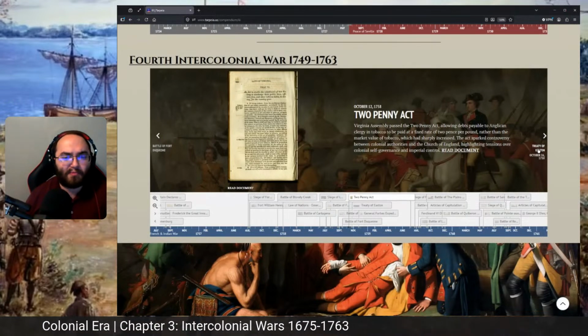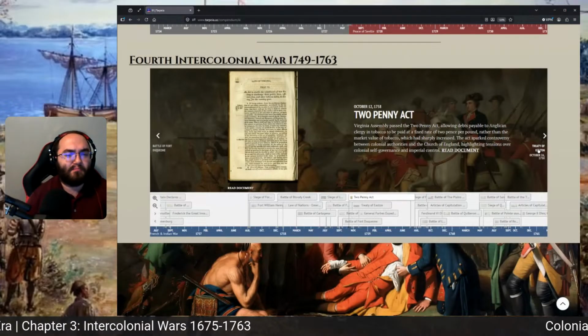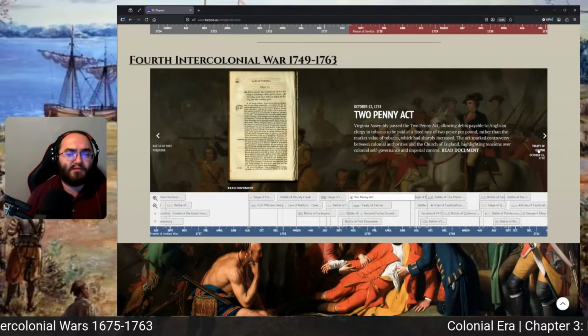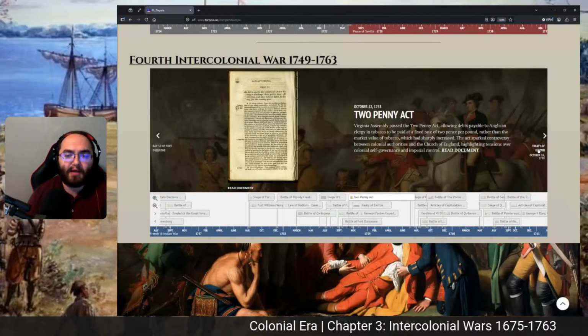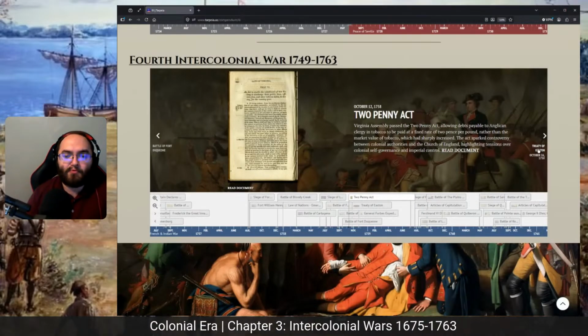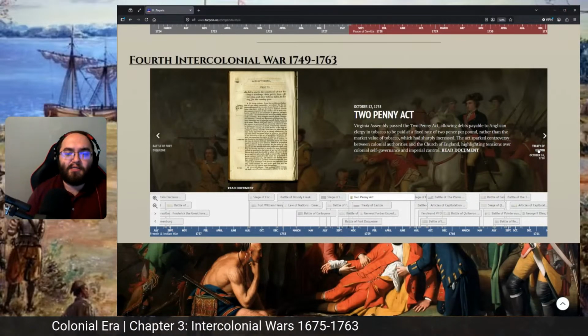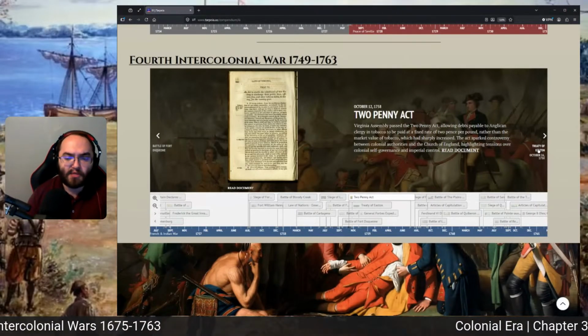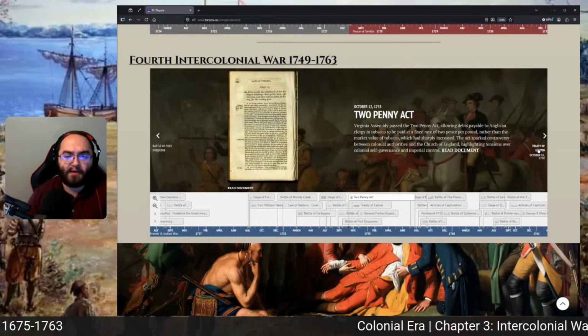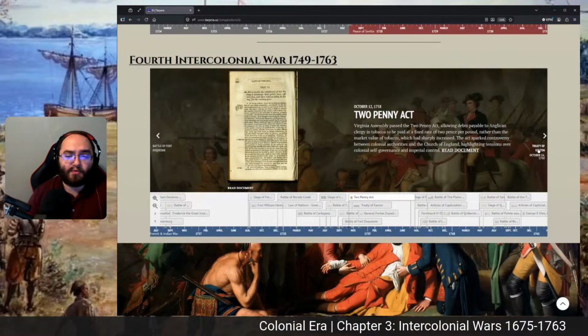And so this is one that pops up with the Parsons' Cause case, where the Virginia Assembly passed the Two-Penny Act, allowing debts payable to Anglican clergy in tobacco to be paid at a fixed rate of 2 pence per pound, rather than the market value of tobacco, which had sharply increased.